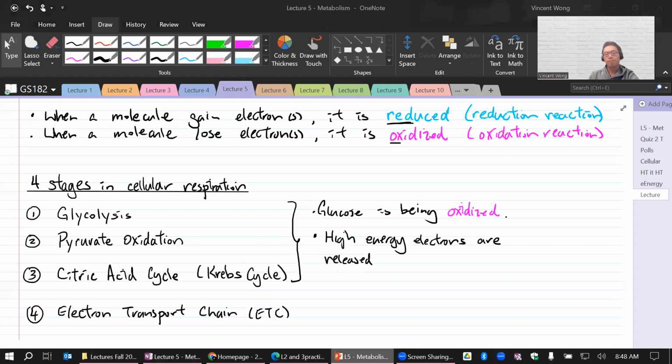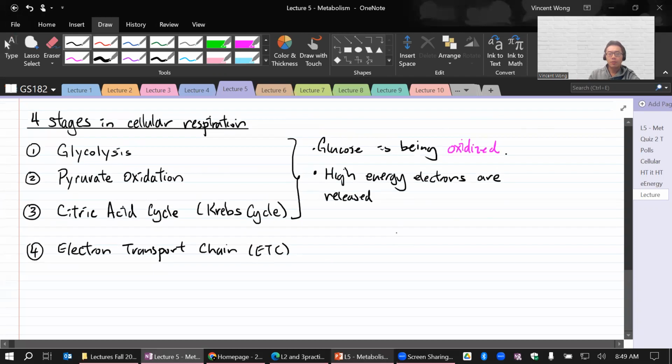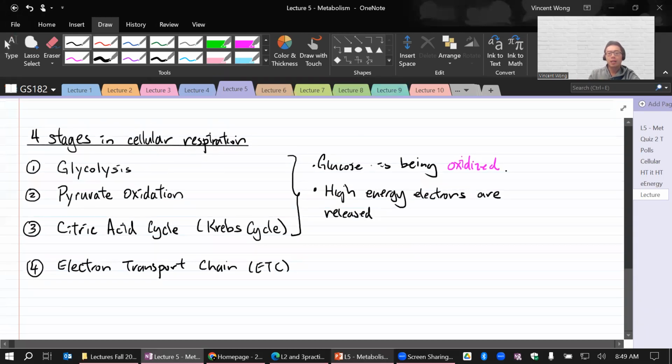Okay? So we don't want to waste this energy. We don't want to waste these electrons. Right? So what we have to do is capture them. So high energy electrons are released and captured by energy carrier.